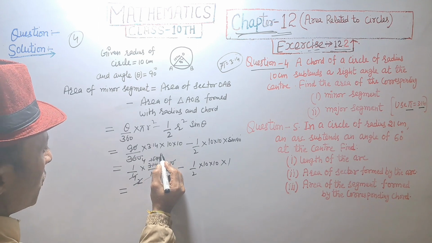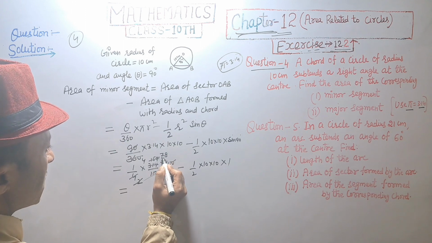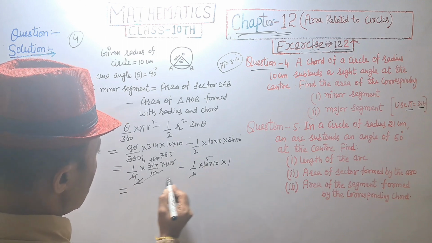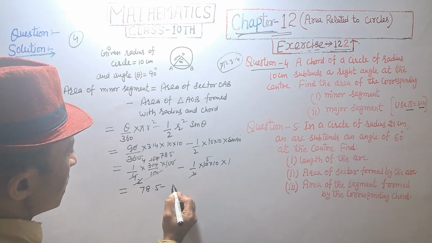This is divided by 2, that is 78.5, minus 50.